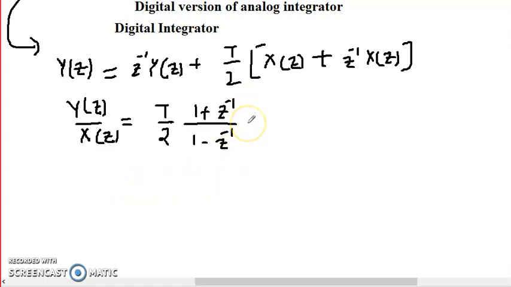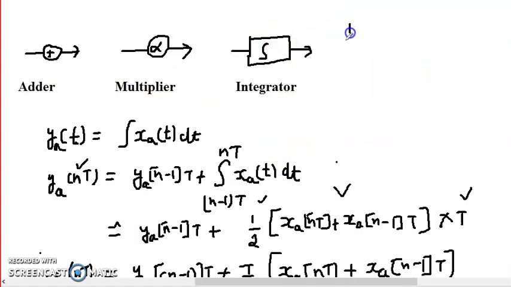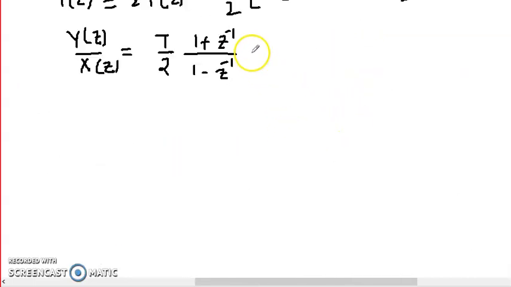And what is an integrator in the S domain? In the S domain, integration is 1 by s. Integration is performed by the 1 by s transformation. So this will correspond to 1 by s.